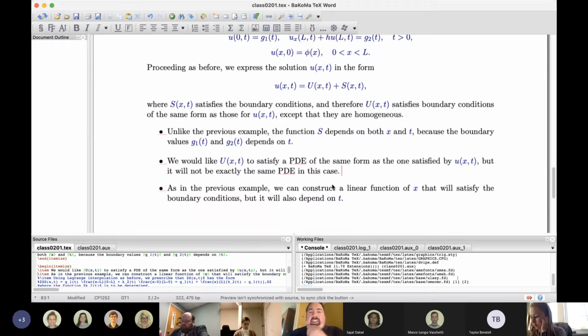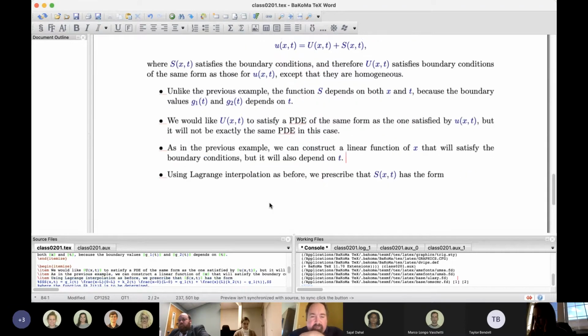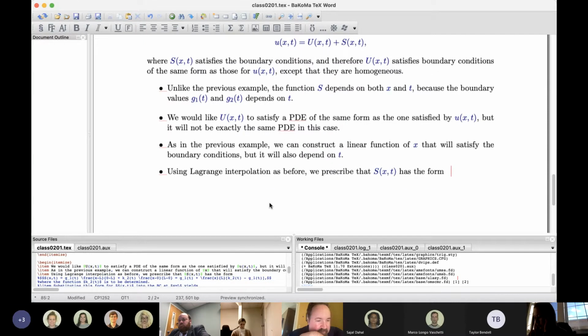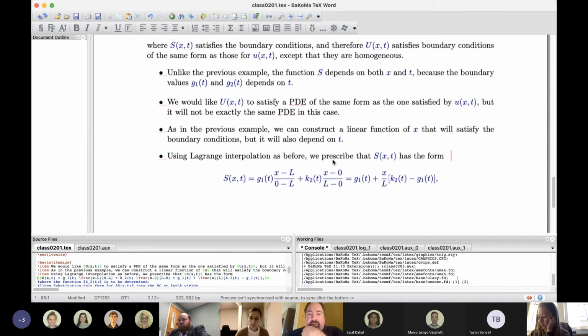So we want a function that's linear in x. It's not necessarily going to be linear in t, but it will be linear in x, and will satisfy the boundary conditions. So that part's the same as before. So what do I do? I can use this same Lagrange interpolation approach. Oh, I have a typo here.